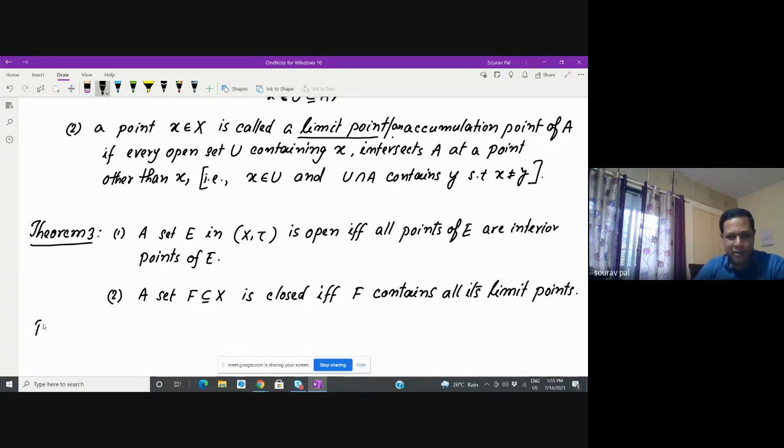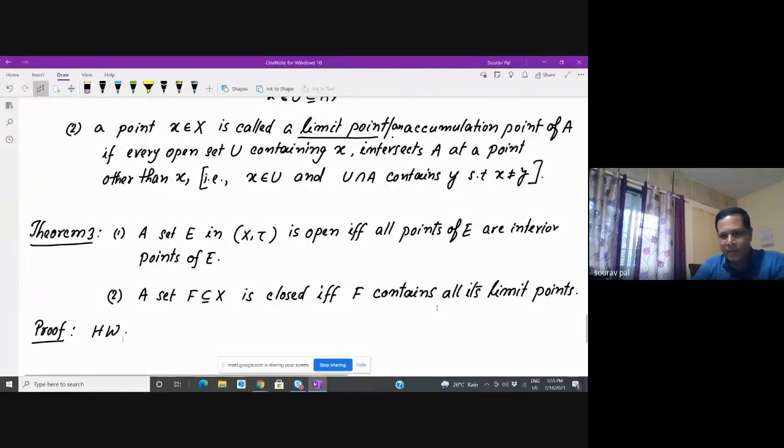Once again, I just leave the proof to you. If you cannot prove it, just tell me tomorrow, okay? I'll prove it for you. But anybody can prove this. Anybody with basic knowledge of set theory can prove it.